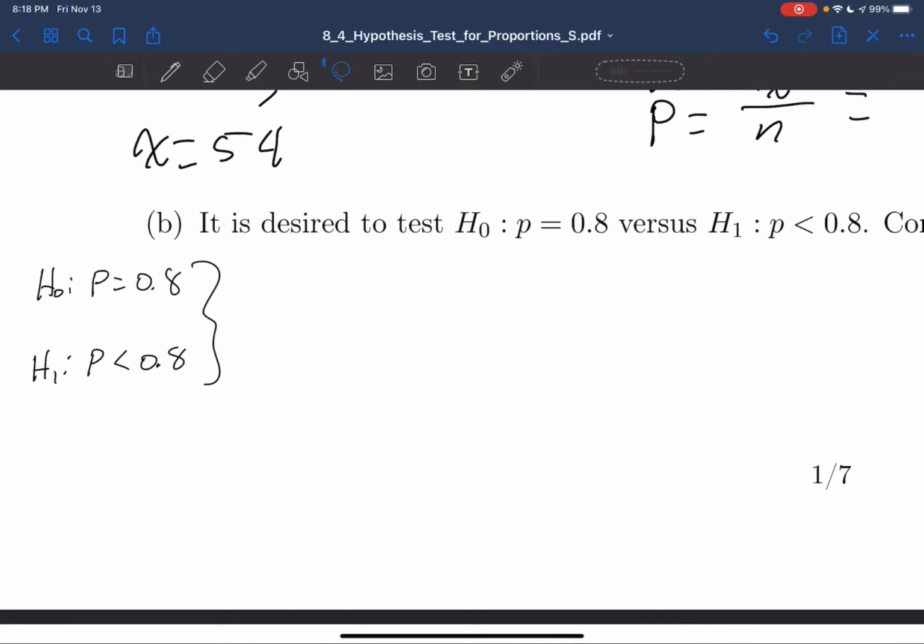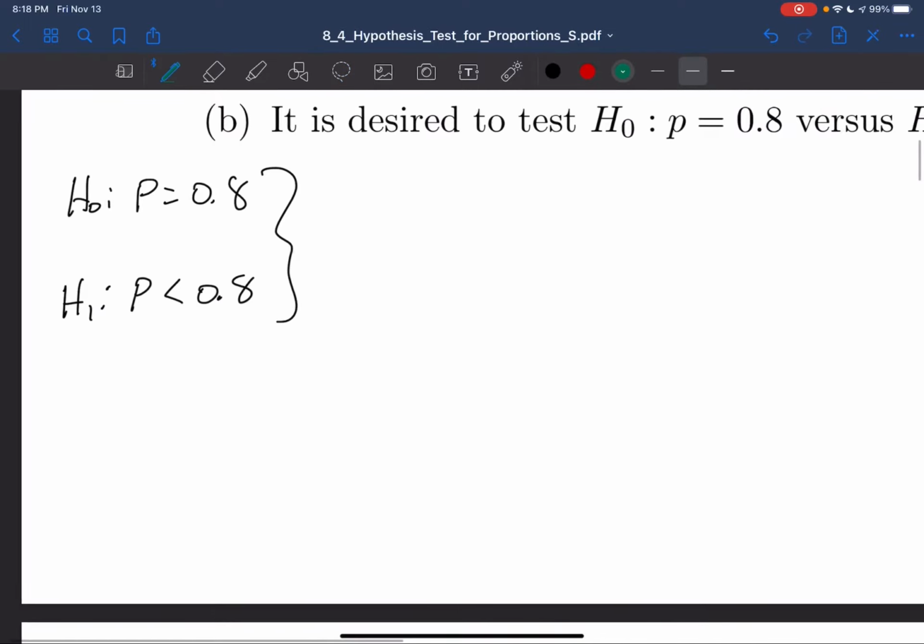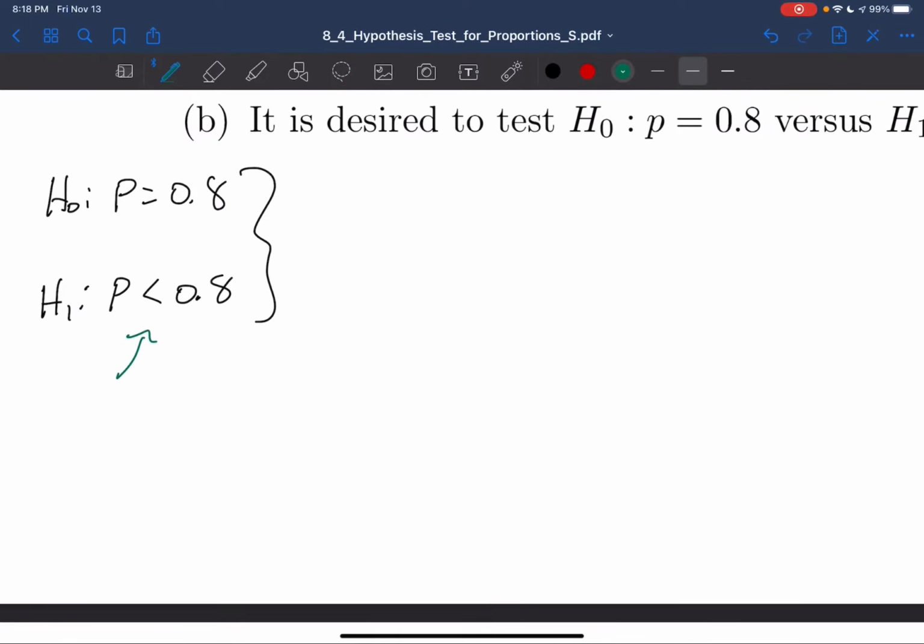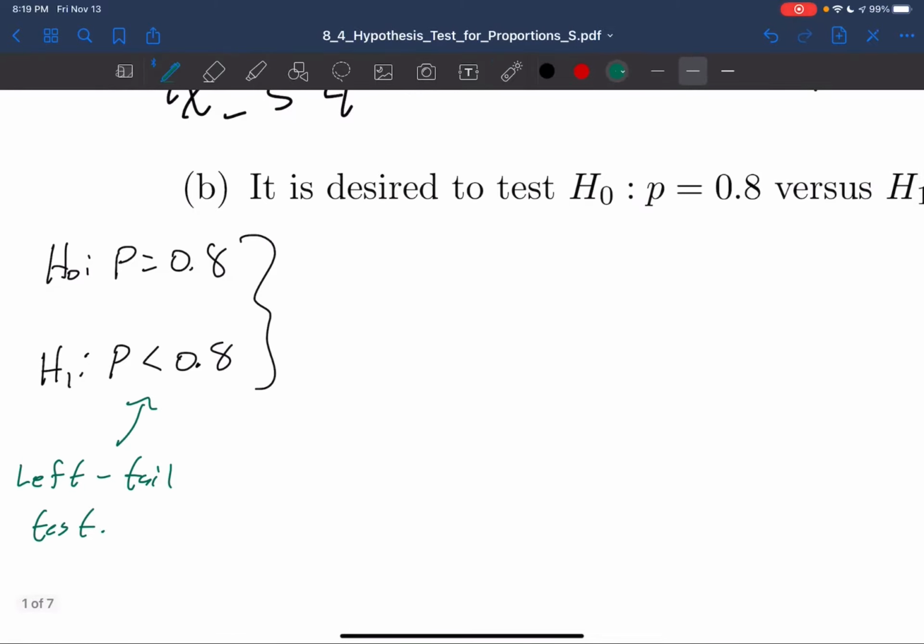Looking at our alternative hypothesis, are we dealing with a left tail, right tail, or two-tail test? Since this is less than, we know this is a left tail test.